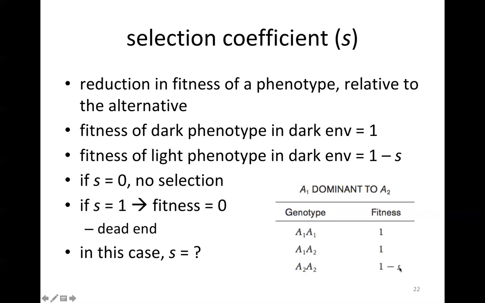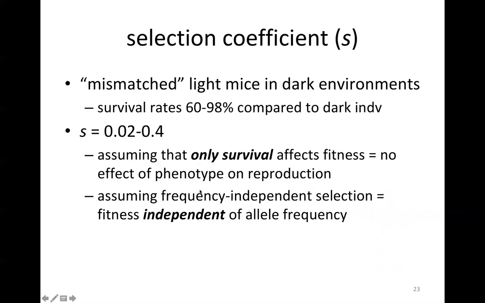We already said the light colored mice in this environment have 60 to 98% lower survival than the dark colored mice. Ignoring reproduction effects and just focusing on survival, we can estimate S here is 2% to 40%, and we can just use the average of these.